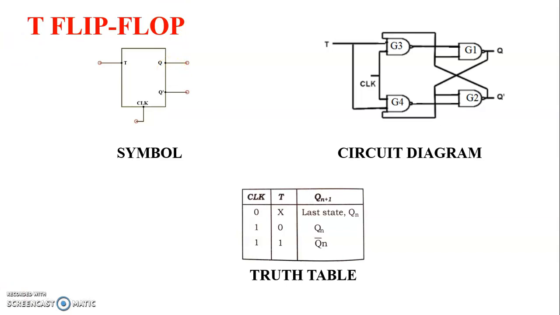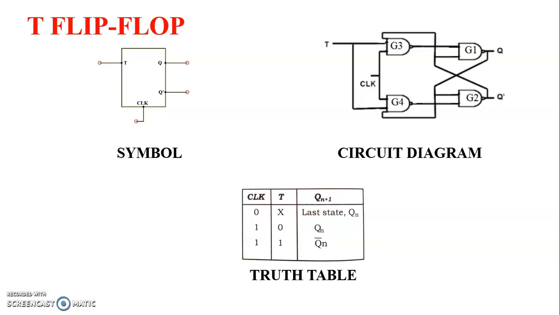The figure shows the basic circuit or logic diagram of the T flip-flop. In the circuit, when the clock pulse is 0, the outputs of gates G2 and G1 will be the same as the previous state.